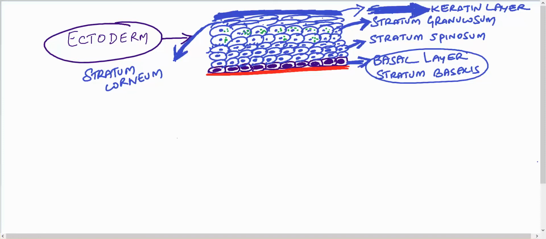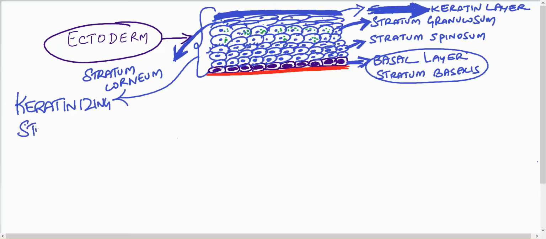So this group of cells and these layers are called keratinizing stratified squamous epithelium.